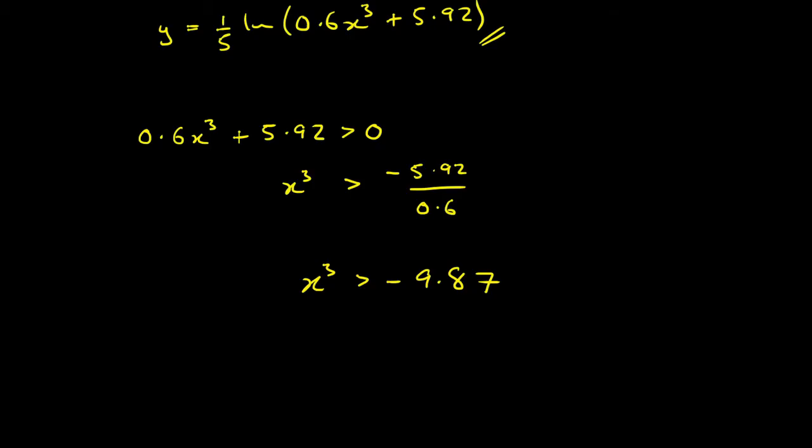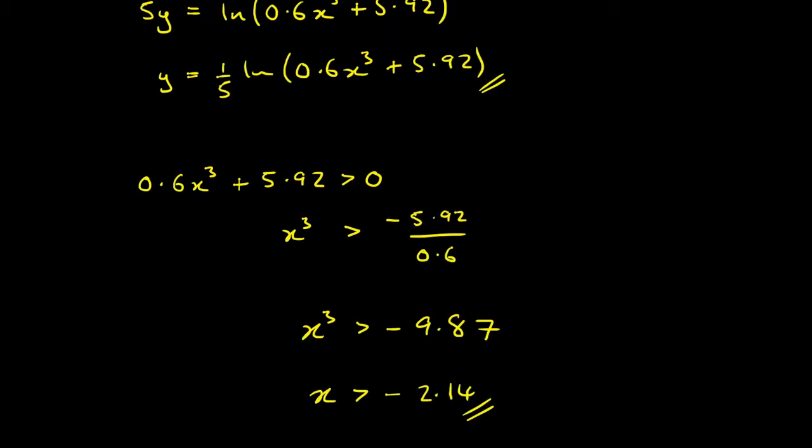So let me just put that in. Okay, so x is greater than negative 2.14. Okay, so I'm just going to check my answers against the mark scheme. So part A, a fifth ln, yeah, that's okay. And negative 2.14, yeah, that's also okay. All right, so we got right answers there for that.